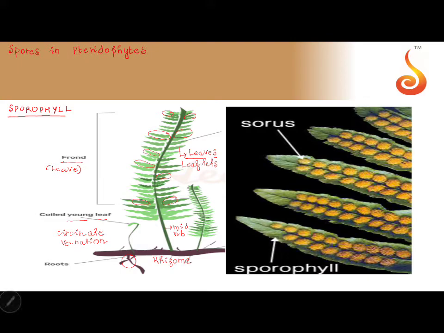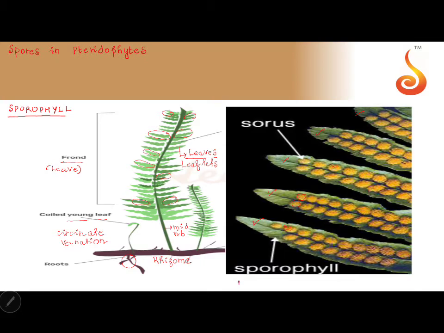Now in this picture, it shows 1, 2, 3, 4 and 5 leaves which has an enclosed structure which is filled with spores. We can actually feel powdery spores inside them. This is covered by a thin membrane.